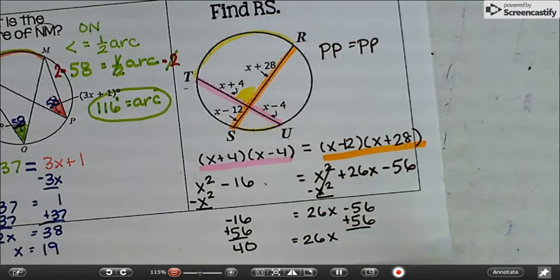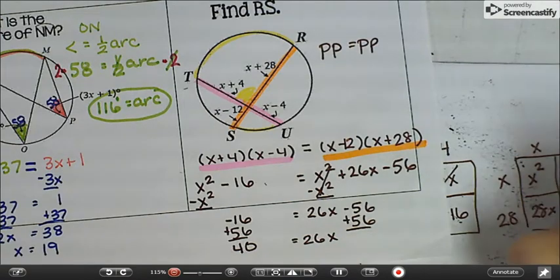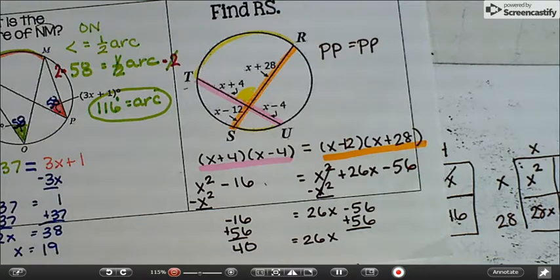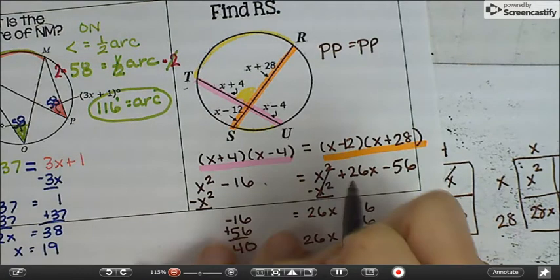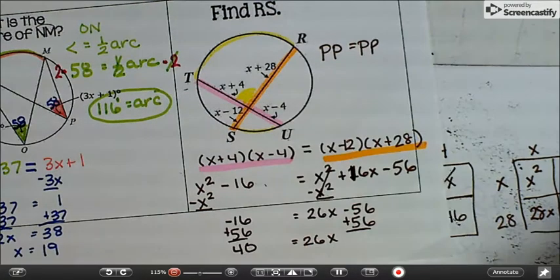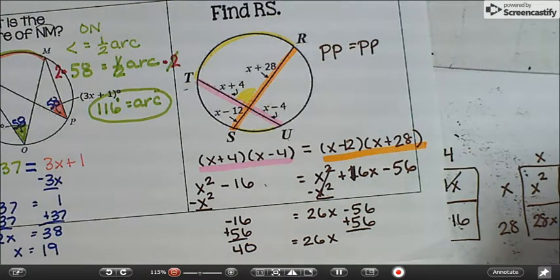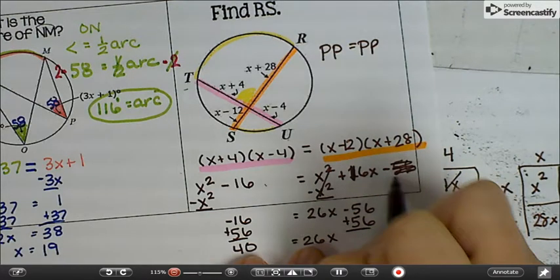So I don't know where I put my little paper. Oh, here it is. All right, that should have been 12, not 2. So negative 12x would change this to 16. And then negative 12 times 28 is negative 336. That makes more sense.